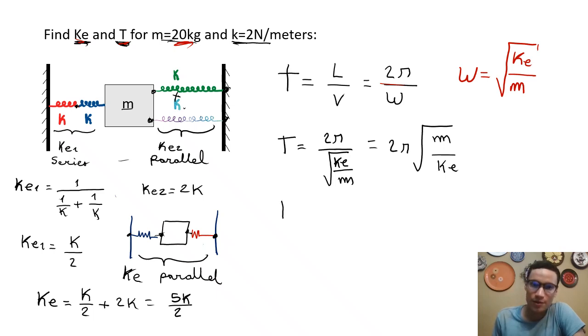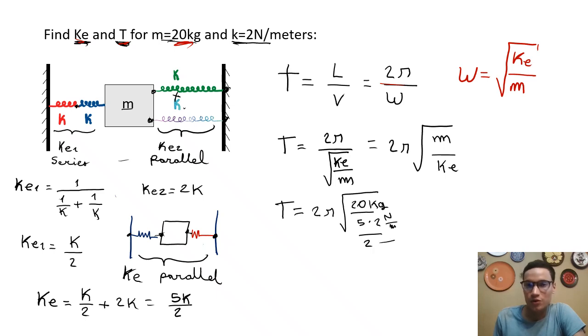So our period will be equal to 2 pi times the square root of 20 kilograms divided by K equivalent, which is 5K over 2, which is 2 newtons per meter divided by 2.